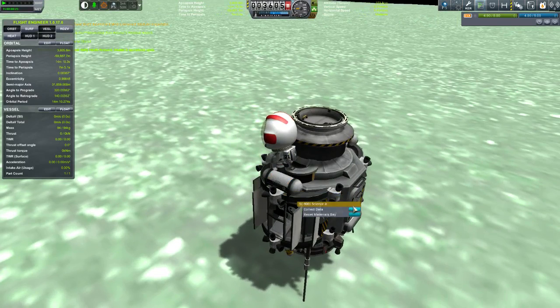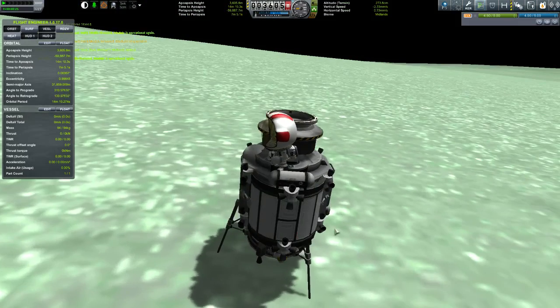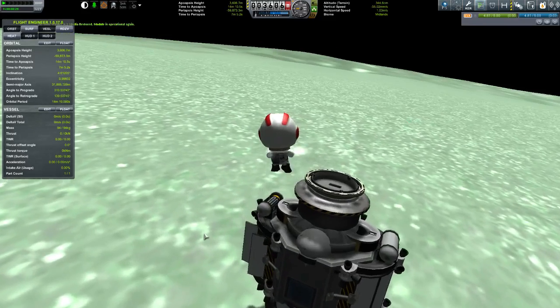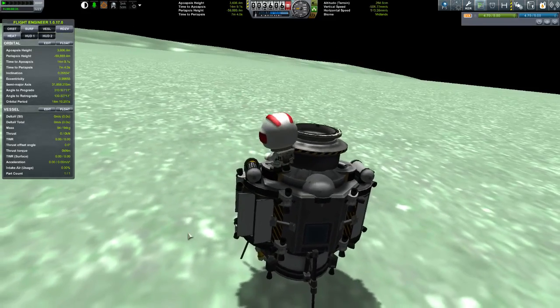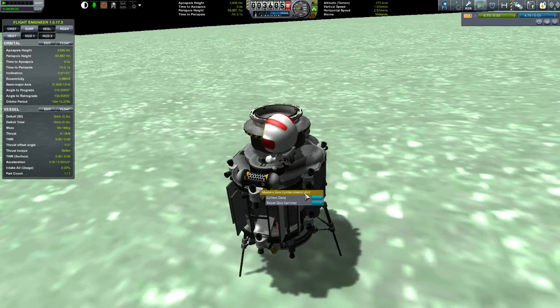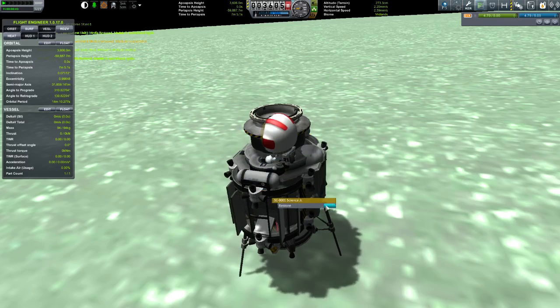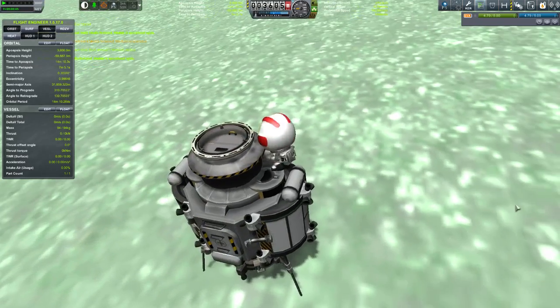Now, you need scientists to run your science lab, but they also double as quite good lander pilots as well, because they can come down by themselves. We'll collect that, remove it, restore it, and then while they're down here you can actually get them to do all the science that you need.